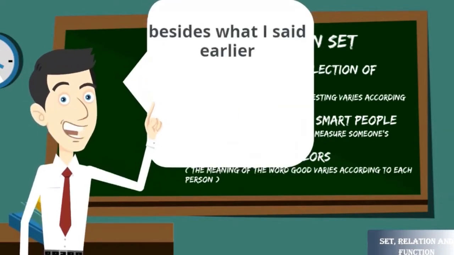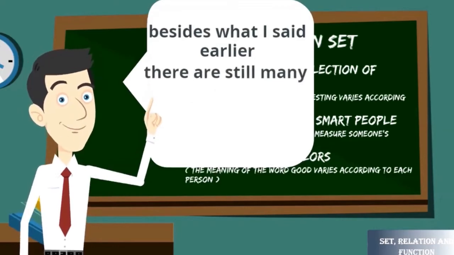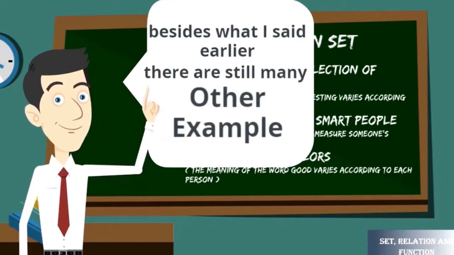Besides what I said earlier, there are still many other examples of a set and not set. After you study about the definition of set, the example of set and then the example of not set, for an example, your teacher will give you some question.